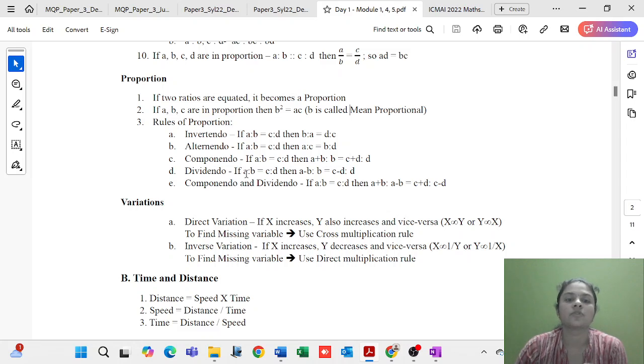So if A is to B is equal to C is to D, then A minus B is to B will be equal to C minus D is to D. And when rules 3 and 4 combine, then we can say A plus B is to A minus B is equal to C plus D is to C minus D.